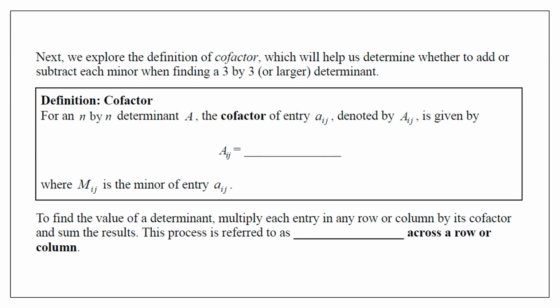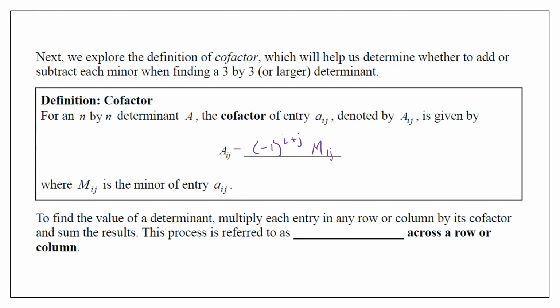For an n by n determinant A, the cofactor of entry A subscript ij, denoted by capital A subscript ij, is given by capital A subscript ij equals -1 to the power i plus j times capital M subscript ij, where M subscript ij is the minor of entry A subscript ij.